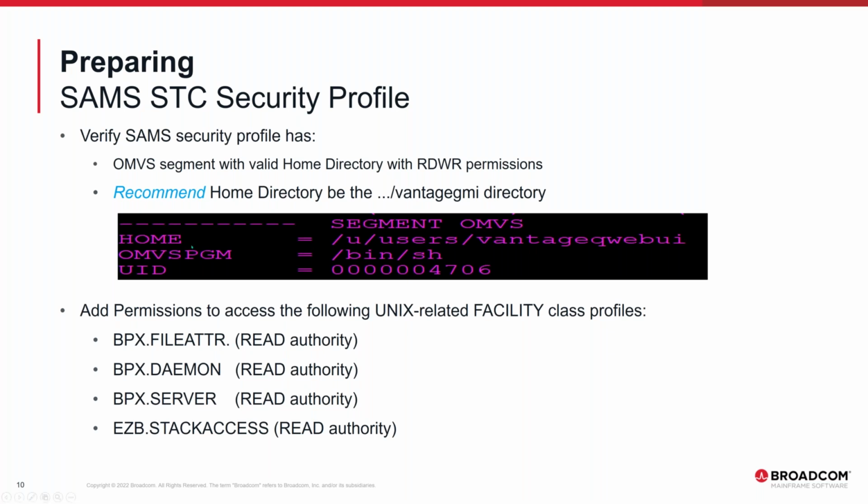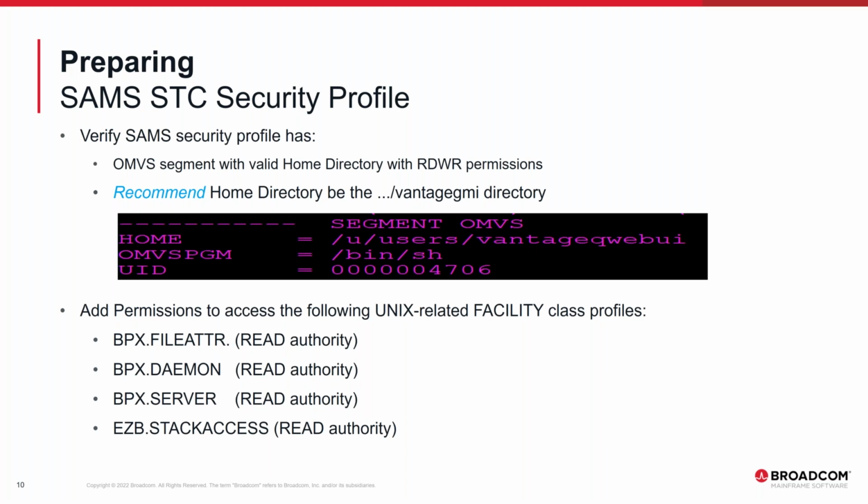So as you can see, there's a home, the OMVS program, so it needs to point to the bin shell directory, and then the SAM started task also needs a user ID. Sometimes they give started tasks UID 0, which means super user. It's not required for SAMs to have super user. As you can see here, it's just a 4706 user ID.